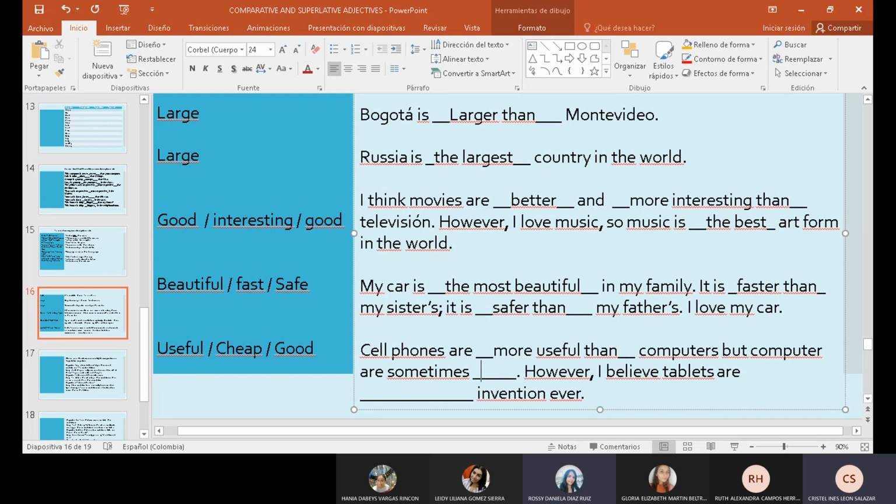How say however, cheaper? I believe tablets are the best invention ever. Okay, please in Spanish say. Los teléfonos son más útiles que las computadoras, pero las computadoras a veces son más baratas. Creo que las tablets son el mejor invento. Okay, it's perfect, it's correct.